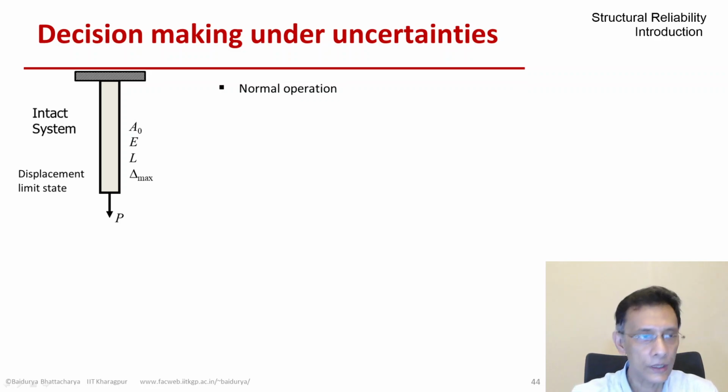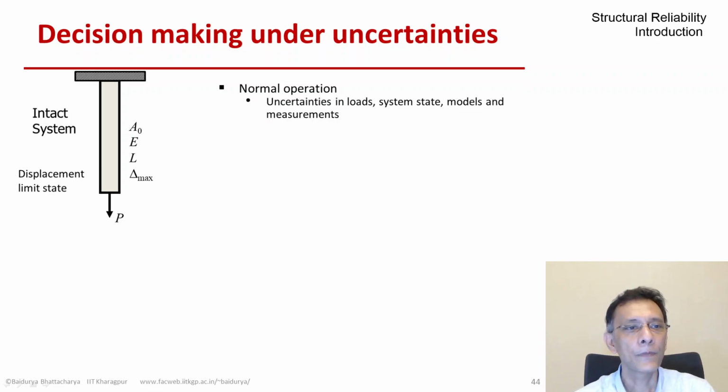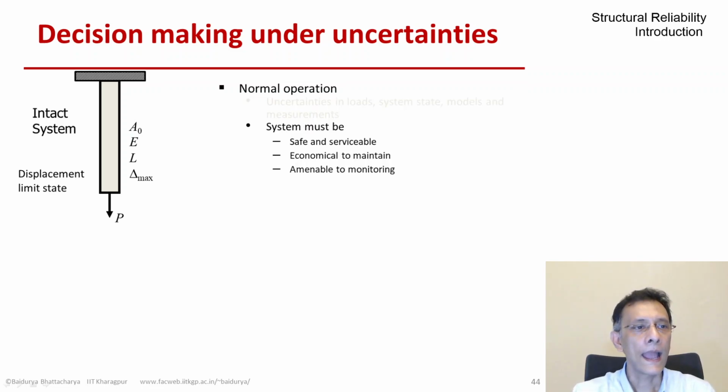The uncertainties are there, but now I am able to do some non-destructive measurements, so maybe the nature and magnitudes of the uncertainties are different compared to before. And I would now be interested in this existing system, that it remains safe and serviceable, it is cost effective to maintain, and it lends itself to monitoring.